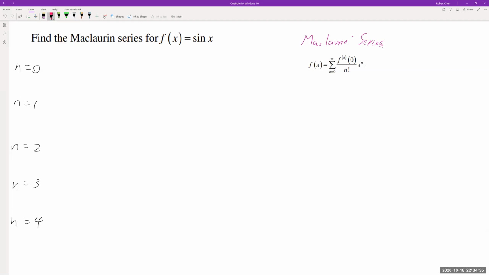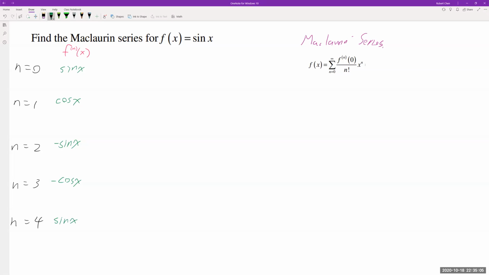First, let's look for the nth derivative of the function. When n is equal to 0, we're looking at the original function, sine x. When n is 1, that's cosine x, one derivative, and then another derivative gives negative sine x, another gives negative cosine x, and then the fourth derivative is sine x.